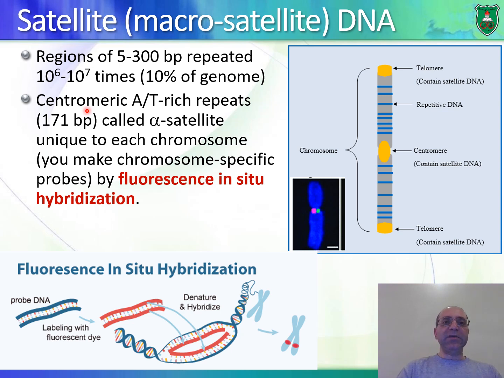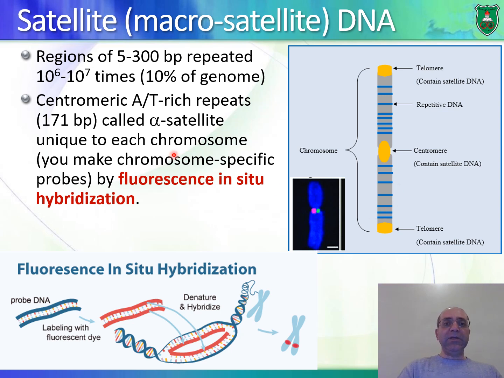These centromeric repeats are rich in A's and T's, and they are important for the separation of chromosomes during the cell cycle in mitosis or meiosis. They are the regions where the chromosomes attach to the long filaments and get pulled to either pole of the cell.